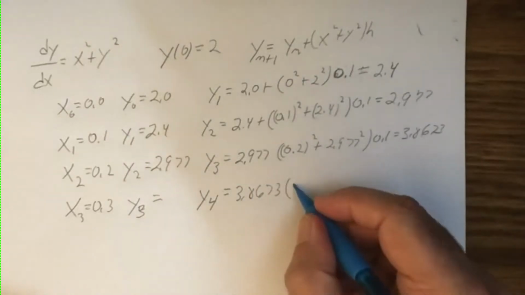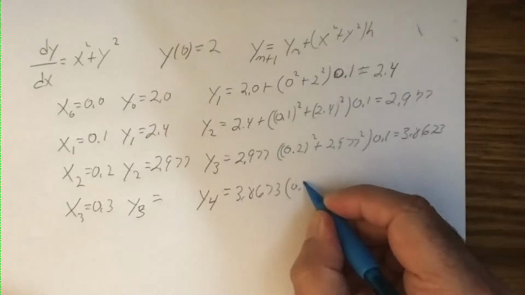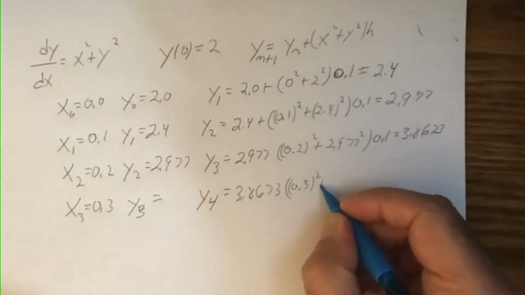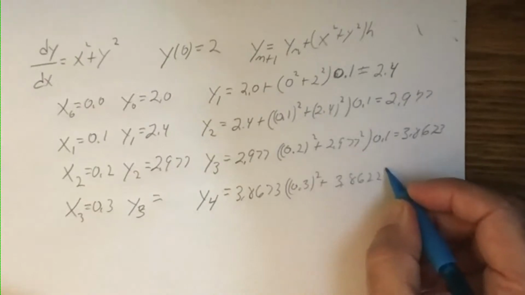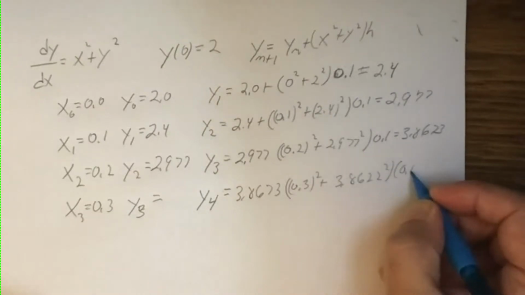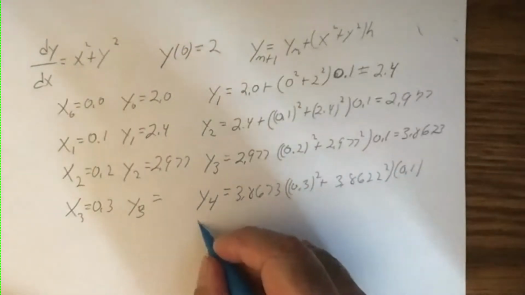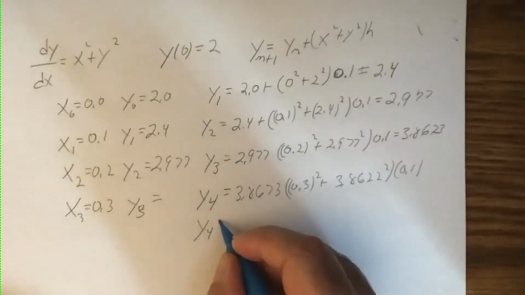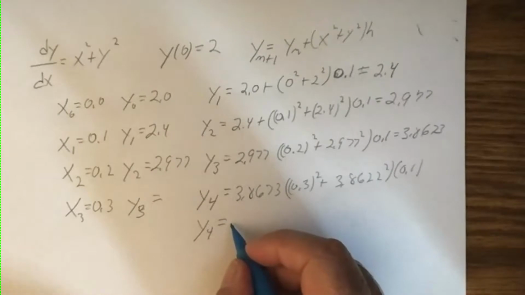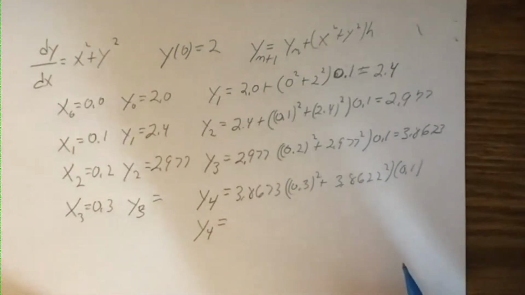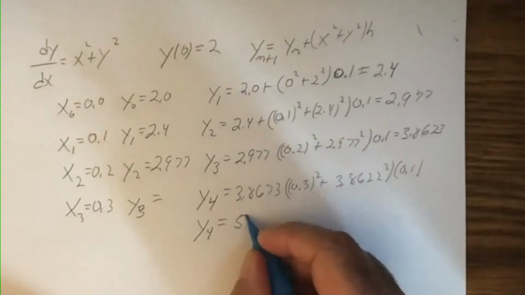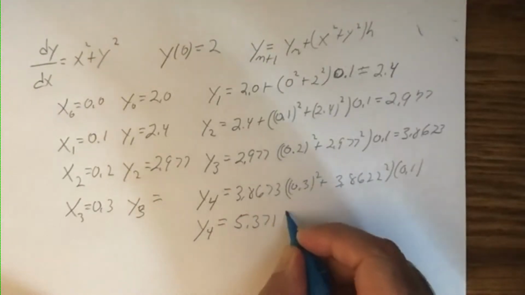And now this is 0.3 squared plus 3.8673 squared times 0.1. So this turns out to be Y sub 4 is equal to 5.3719.